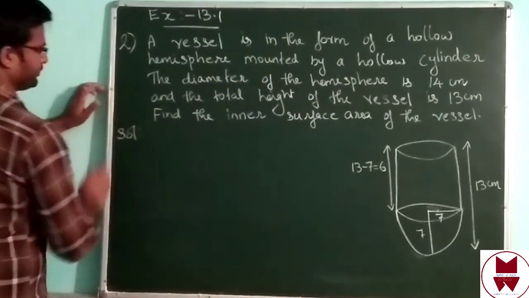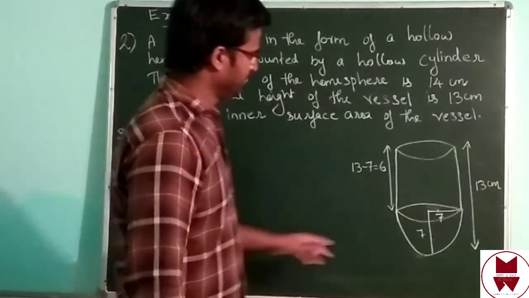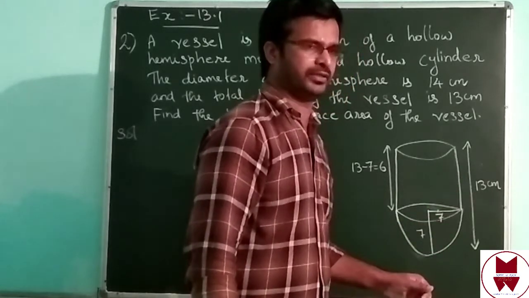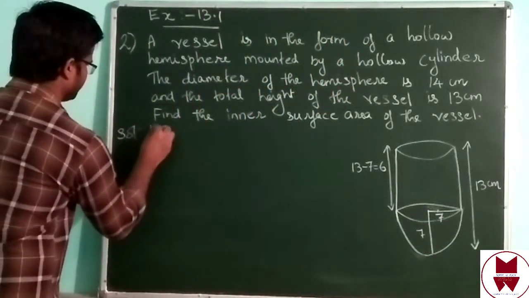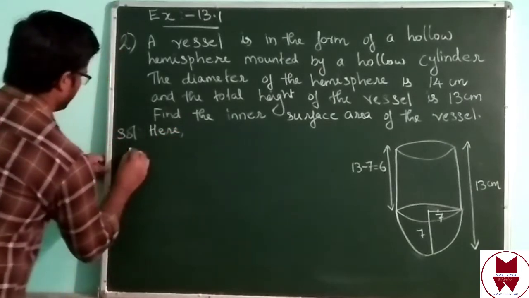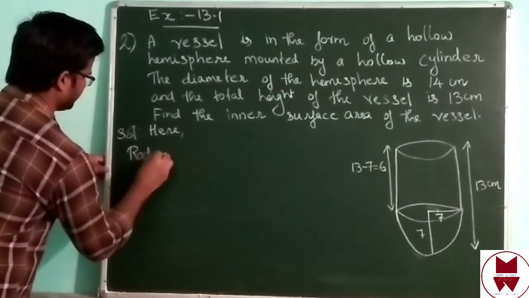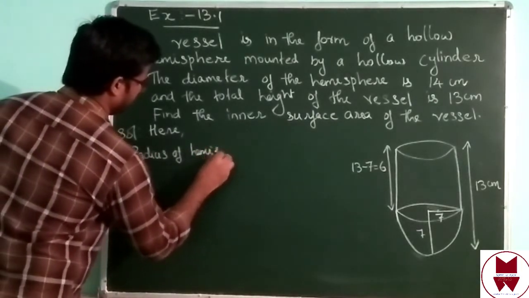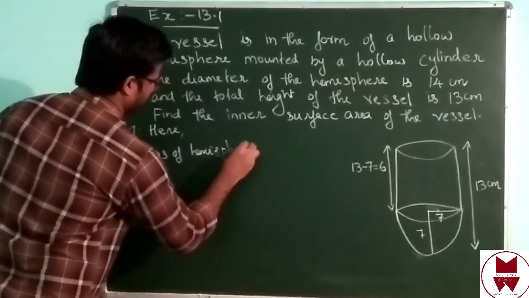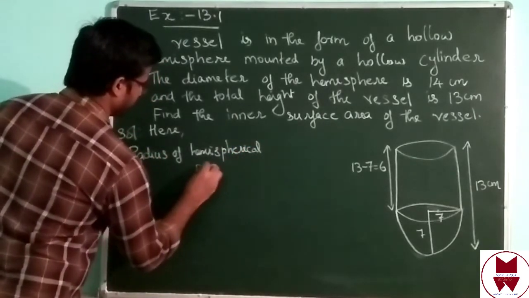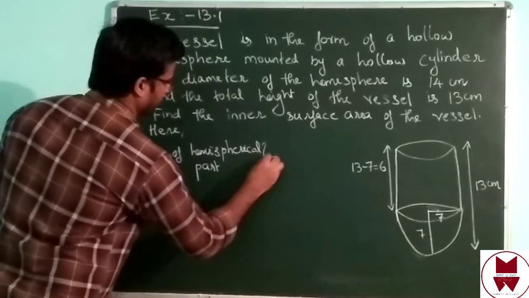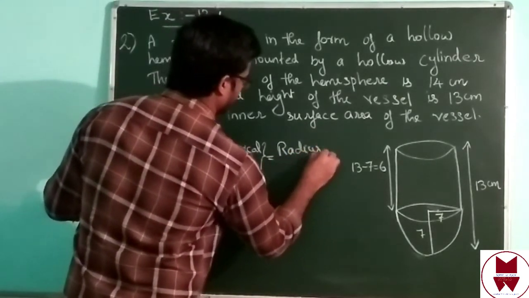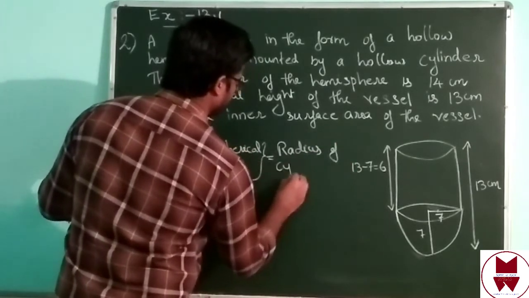Now in this figure, the radius of the hemisphere and the radius of the cylinder are equal, isn't it? We can write here the radius of the hemispherical part equal to the radius of the cylindrical part.